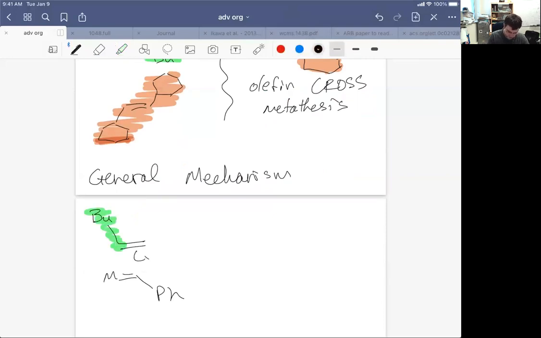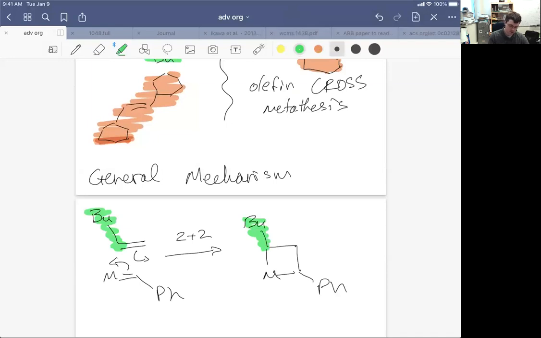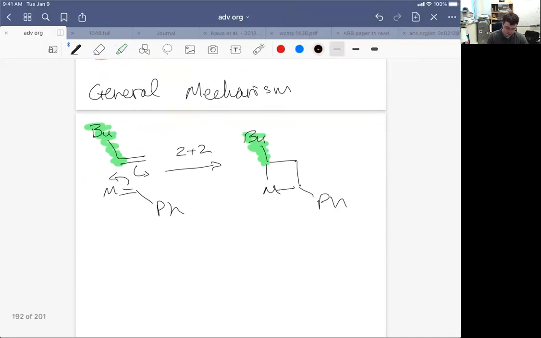What's going to happen is we're going to do a metallo 2+2 cycloaddition reaction to form a metallo cyclobutane intermediate, which will undergo a retro 2+2 reaction to release vinyl benzene, which is styrene.